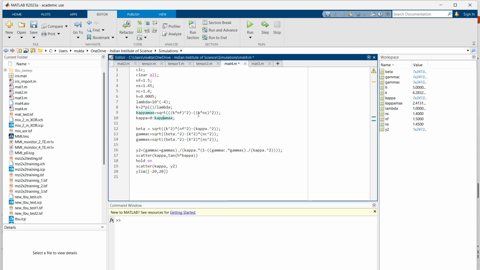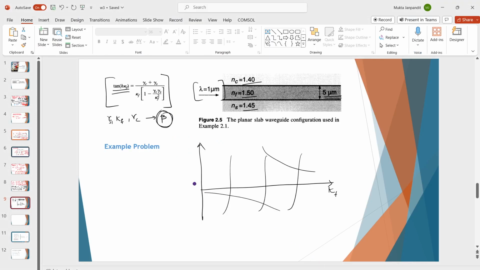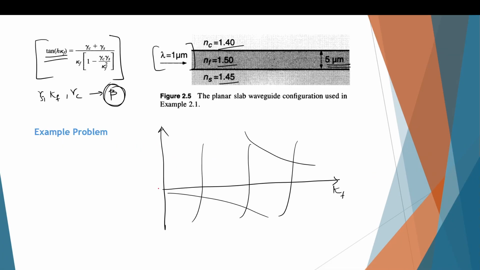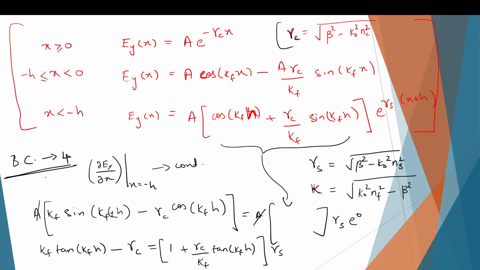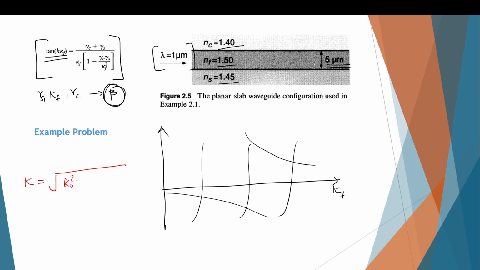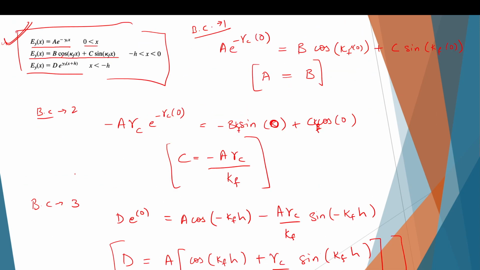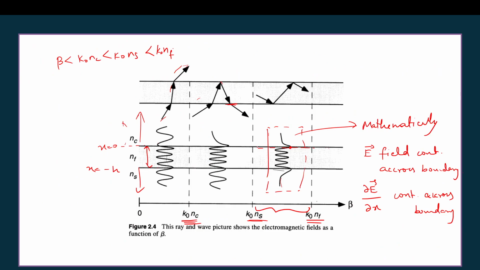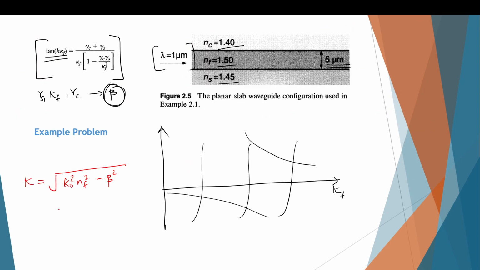So if you remember, kappa was nothing but square root of k naught square nf square minus beta square, as we wrote it here. And what is this beta? For the solutions of this kind, beta lies between k naught ns and k naught nf, right?